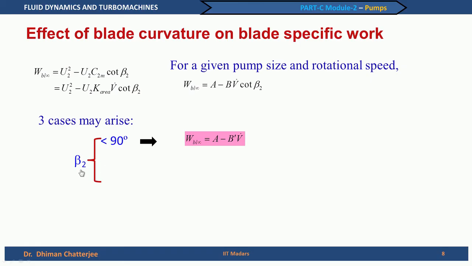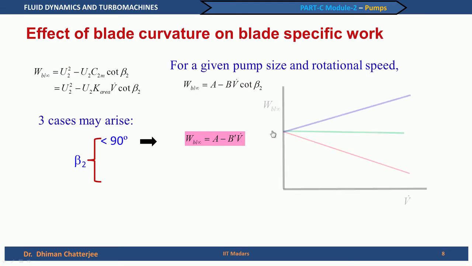Beta 2, if you recall, is the impeller blade angle at the exit. Beta is the blade angle, 2 is the exit or the impeller outlet in case of pump. So, beta 2 is the blade angle at the impeller exit as we have discussed in the last class. So, we say that it is less than 90 degree means whatever be the value it is fixed. So, I can write B cot beta 2 as B prime times V dot, and we can say that I get a plot where if V dot increases, then WBL infinity decreases linearly.